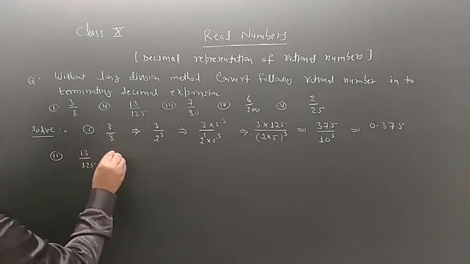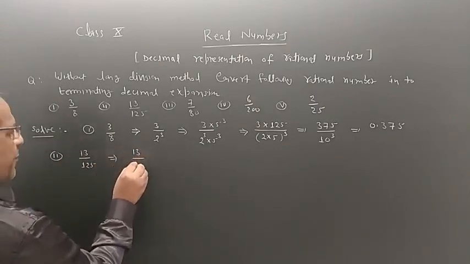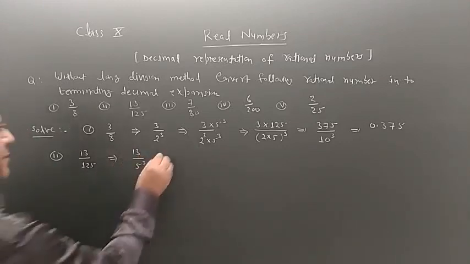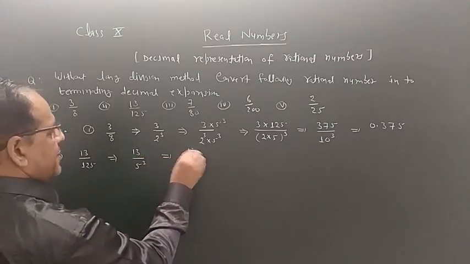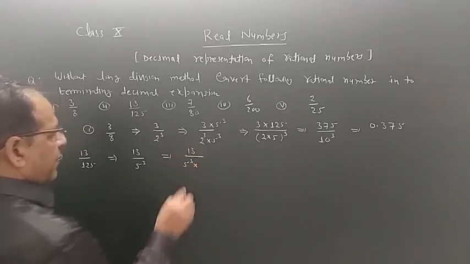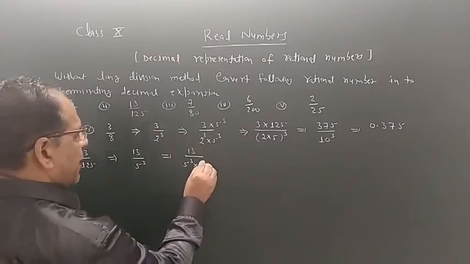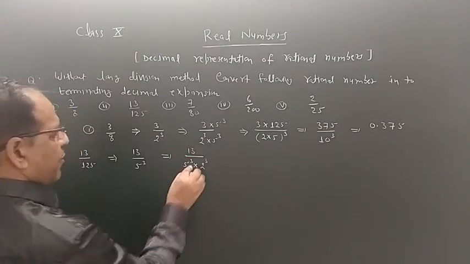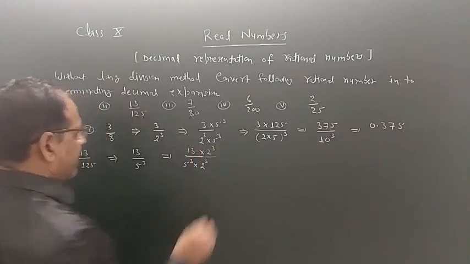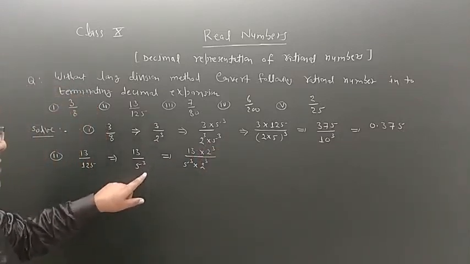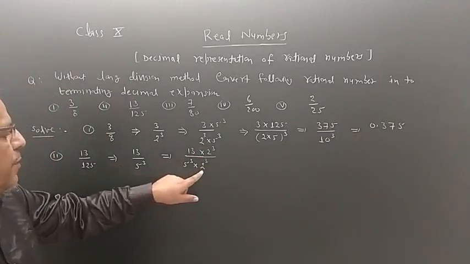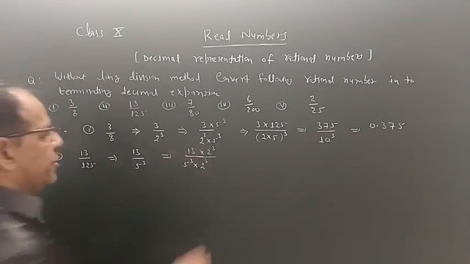Here this can be written as 13 upon 5 to the power 3. But 2 is not present there, so 5 to the power 3 is present in the denominator, and we multiply by 2 to the power 3 in numerator and denominator.